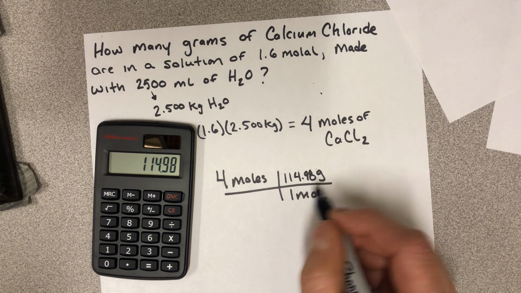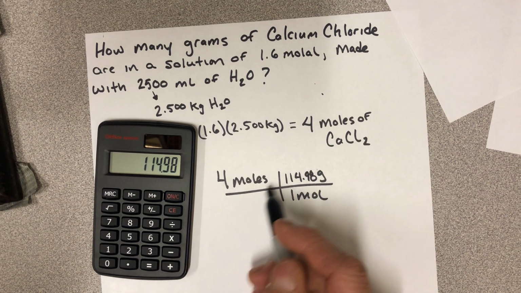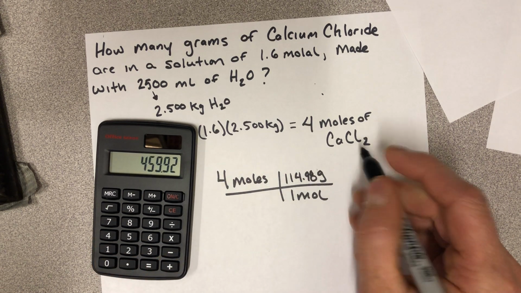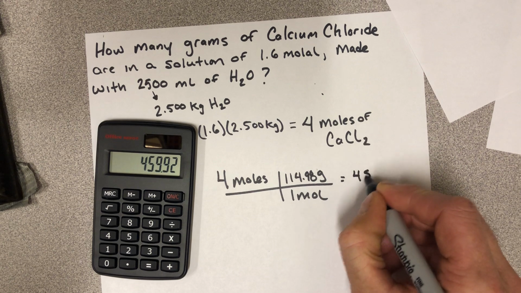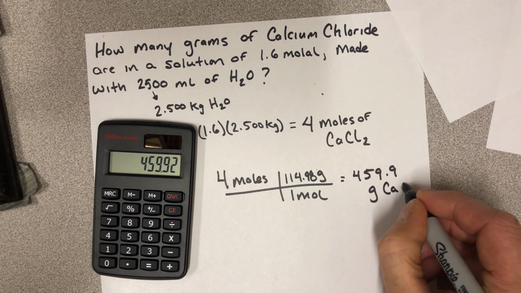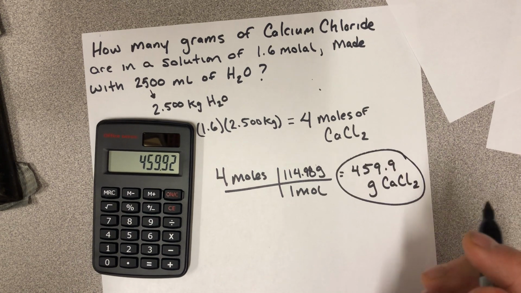That's the molar mass of calcium chloride. Then we're just going to multiply the molar mass times the number of moles, and that gives us 459.9 grams of CaCl2, and that's our final answer.